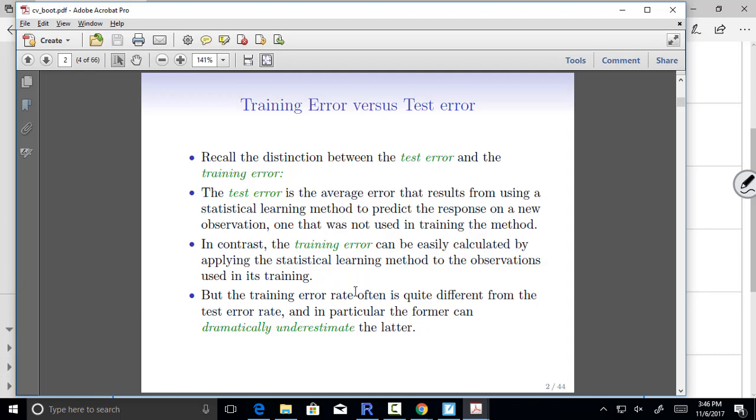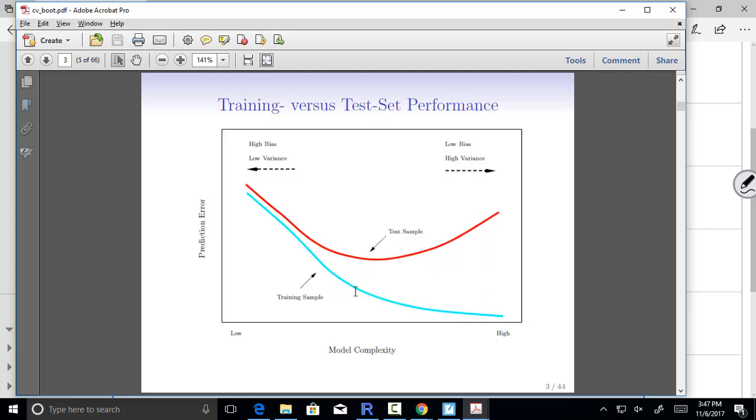And what we're trying to avoid is overfitting, where the training error is deceptively low. The training error is low, but the generalizable error is high. So this is a picture like the one we saw on Friday that illustrates the potential overfitting problem.